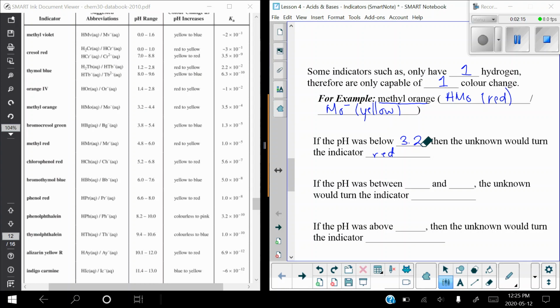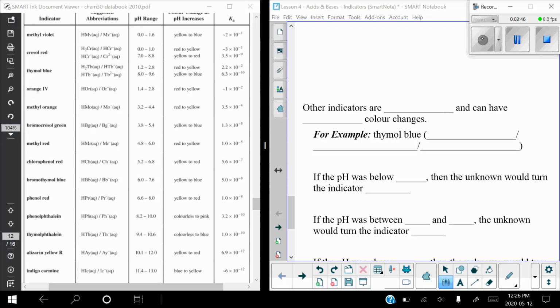If the pH is between 3.2 and 4.4, then the unknown would take an in-between color, so kind of like an orangey, orange yellow, orange red, depending on which side it's closer to. If the pH is above 4.4, then it's going to take on a color of yellow. Okay, so we're kind of understanding what that means.